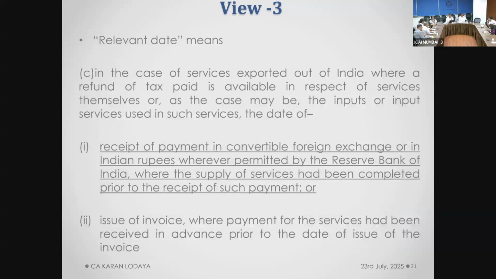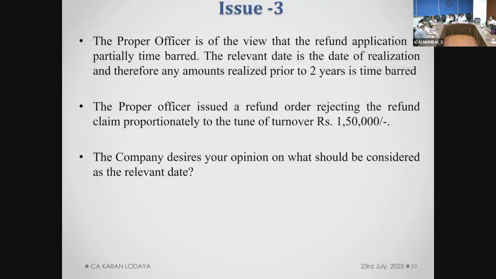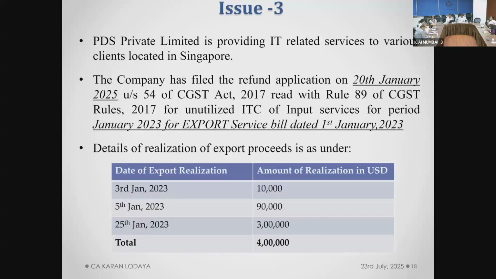Whenever you receive the foreign exchange, that is the relevant date. So in our case, I have received part proceeds on 3rd of January 23, on 5th Jan 23, and another on 25th Jan 23. So the department is telling the first two are time barred since you have not applied within 2 years.